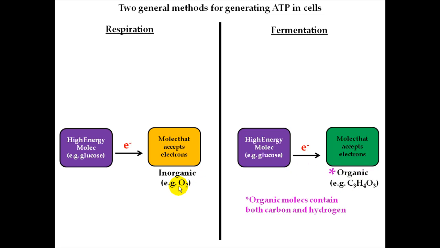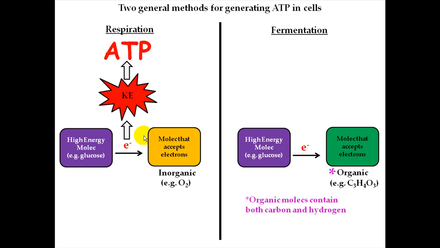And so because things like oxygen have a higher electronegativity, relatively speaking, it means that it's tugging on that electron with more force as compared to the electron that's being moved during fermentation. And so because this electron is basically moving with more force than this electron, it means that there's more kinetic energy that's being generated over here as compared to over here.